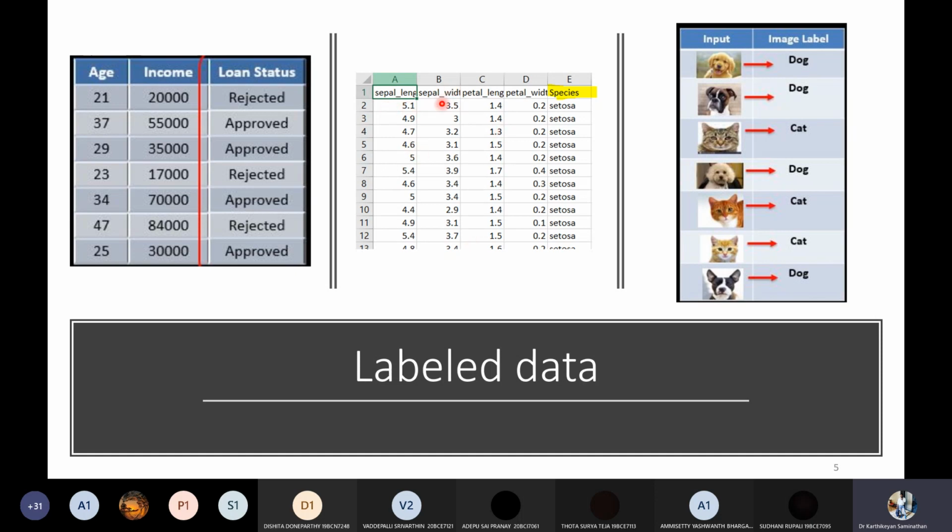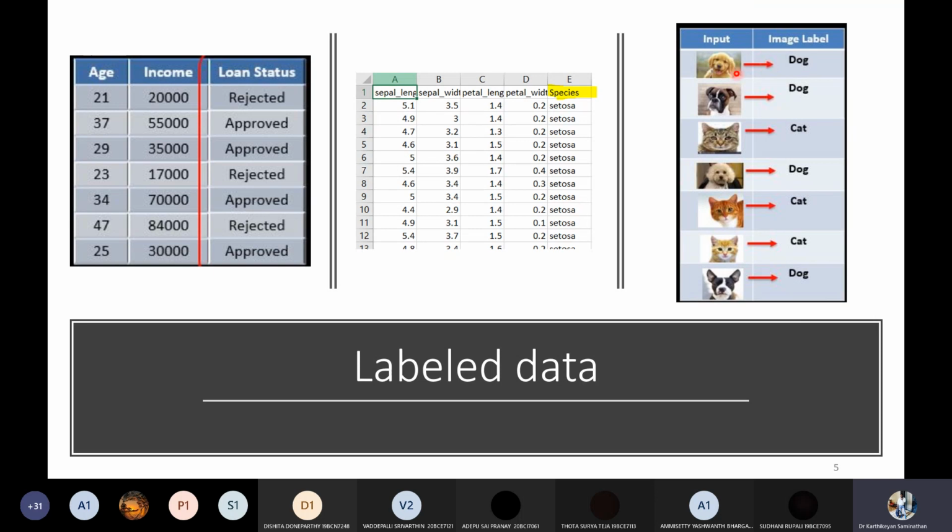Again, the sepal width and petal width come under different column names, right? That is your labeling. So these data, 4.7, 4.9, are identified with the help of sepal length. That is labeled data. Species is categorical data.